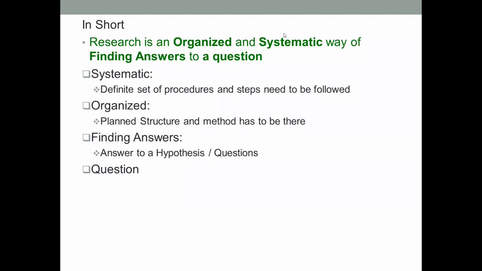Then third, you systematically analyze how this answer will be suited for the question that you have already identified. Finally, analyze the data and come to a conclusion. So this is what a systematic way of finding answers means.